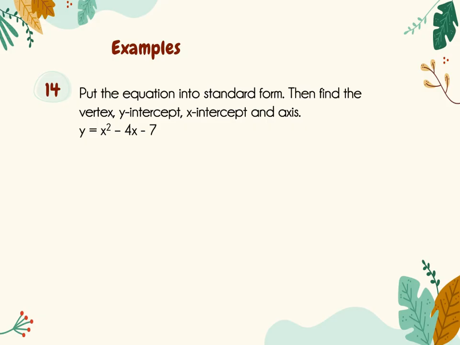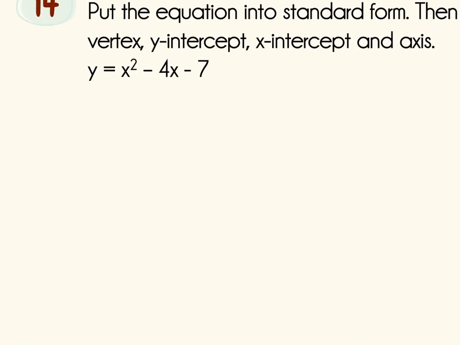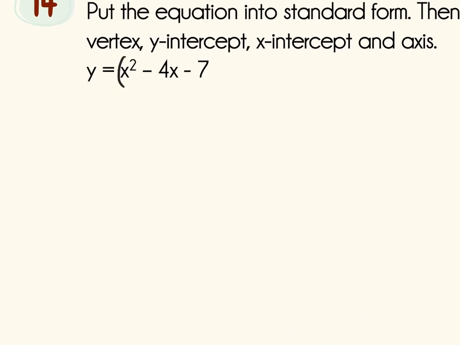Let's do another one. Put the equation in standard form, find the vertex, y-intercept, x-intercept, and axis. So what's our first step? Group the first two together. So y equals x squared minus 4x, leave the space, bump out the 7, negative 7.